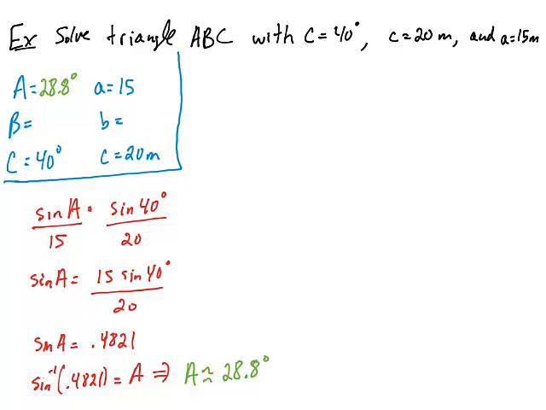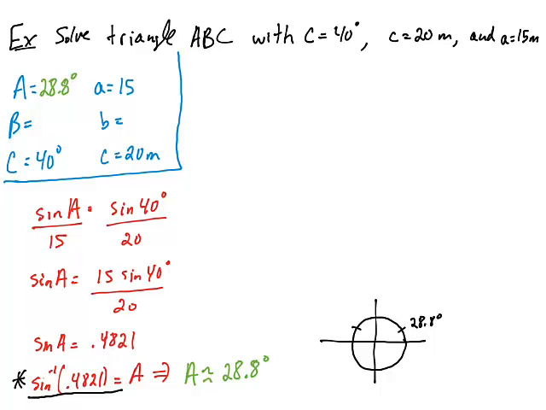Now let's consider this. Remember, when we take the inverse, we must consider both possibilities. So both possible angles, what this is saying over here is what angle has a sine value of 0.4821? So sine takes on a positive value of 0.4821 in quadrant 1 and quadrant 2. Quadrant 1 is going to be that 28.8 degrees.